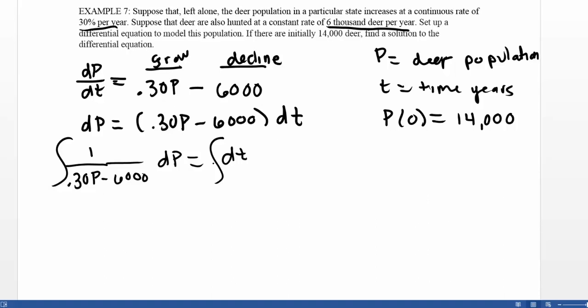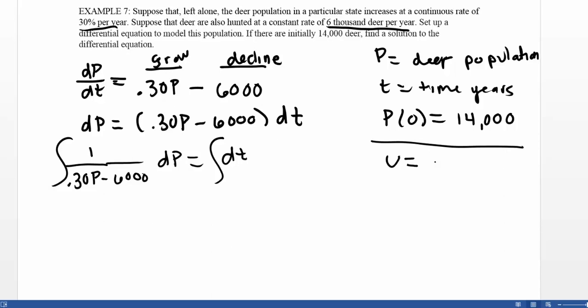Now the right hand side is much easier to integrate, right? The right hand side is just going to become t plus c. But on the left hand side, I'm going to have to use integration by substitution in order to solve this. So I'm going to do my substitution over here. So here I notice that my denominator is where this p is.